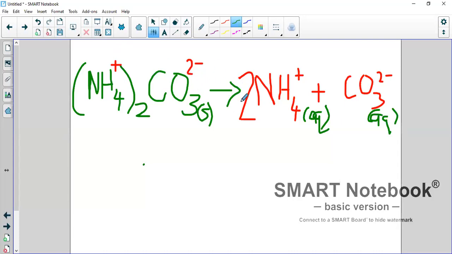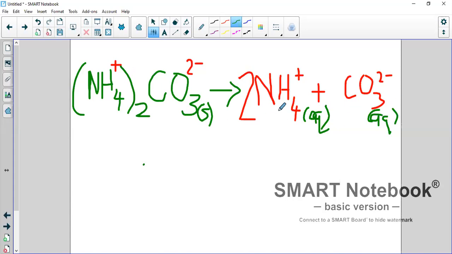Then you move on to the next step. You now separate the two, you dissociate them. The positive ion, that is your cation, is NH4 plus, and then CO3 2 minus. Then you balance your equation. NH4 is here, there are 2, so you put a 2 here to balance.